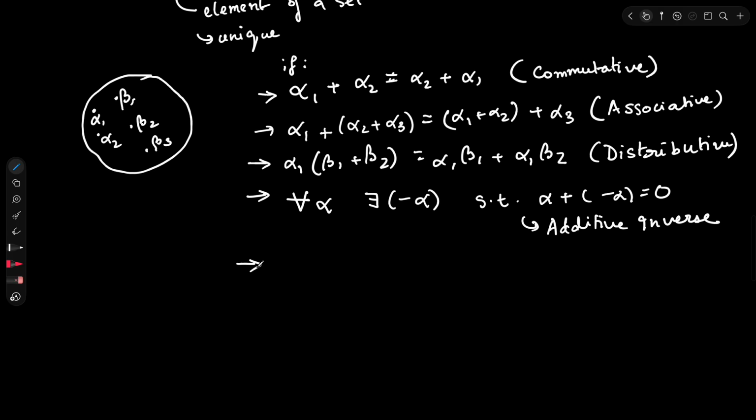With this, we have another property: for every alpha there exists a 1 by alpha such that alpha into 1 by alpha equals 1. Now here there is confusion that many students get: what if the value of alpha is 0? We often consider that alpha here is non-zero, and sometimes we write it as, for all alpha not equal to 0, there exists 1 by alpha.